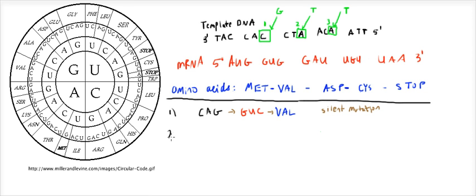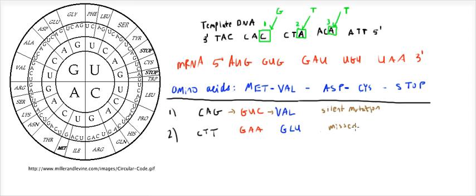In situation number 2, I go from CTA to CTT, which means my mRNA becomes GAA instead of GAU, which means my amino acid becomes GAA Glu instead of Asp. And this is called a missense mutation.